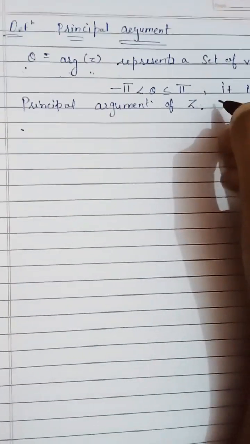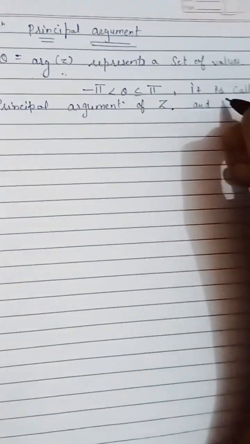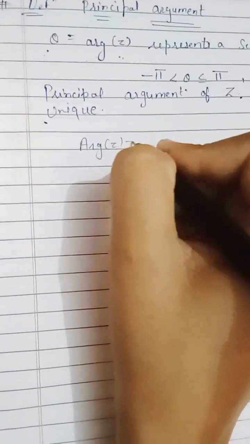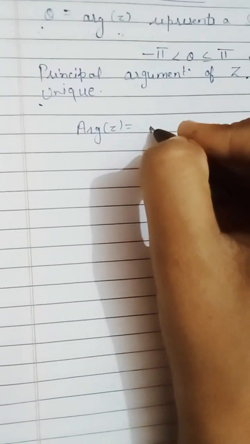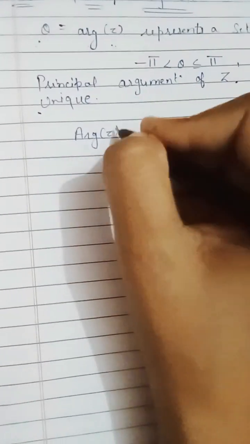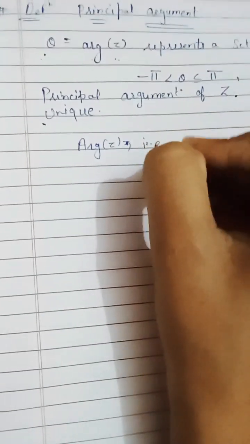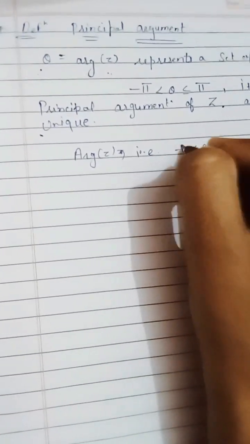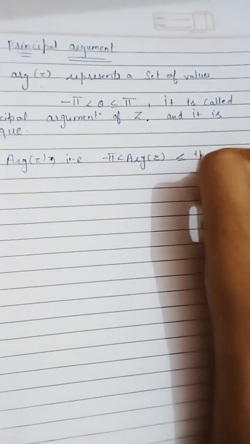So the principal argument of z lies in minus pi less than theta less than or equal to pi.